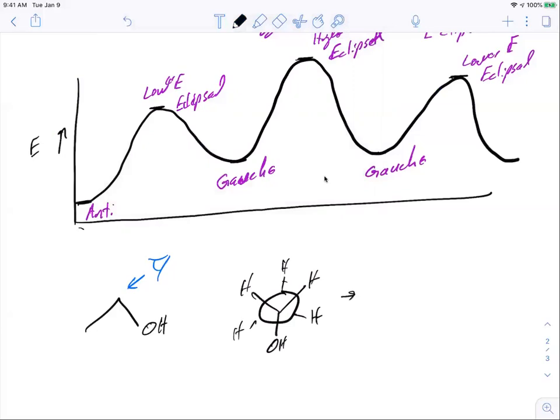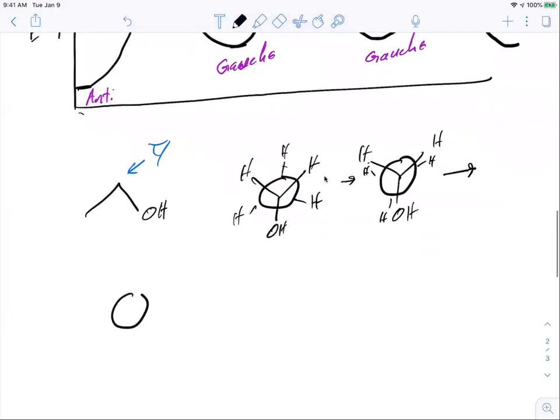And then if I rotate it, I'll get an eclipse form. If I rotate it, I'll go back to a staggered form.